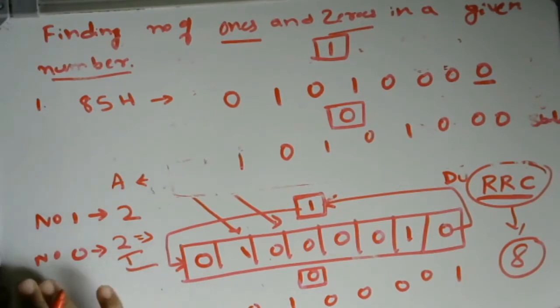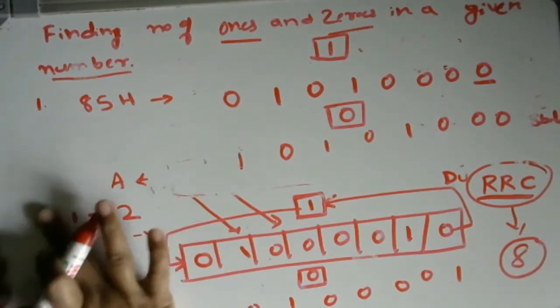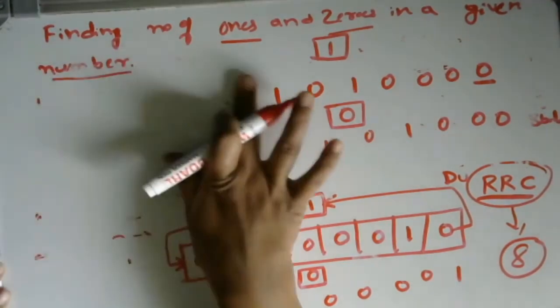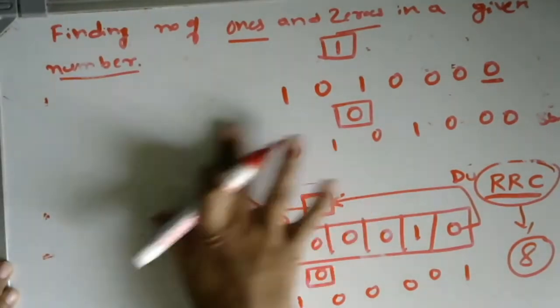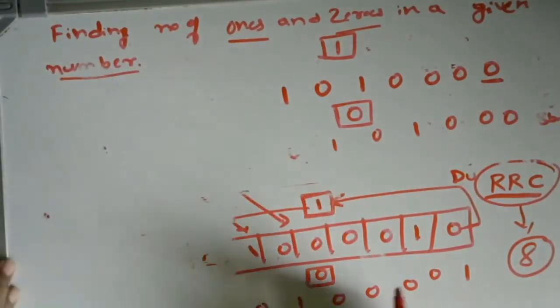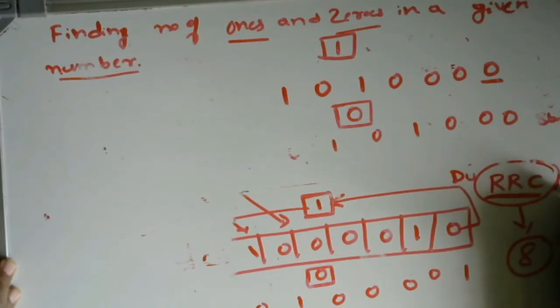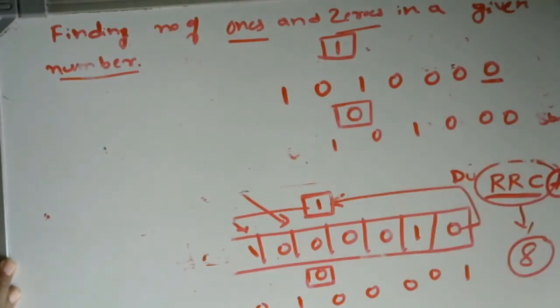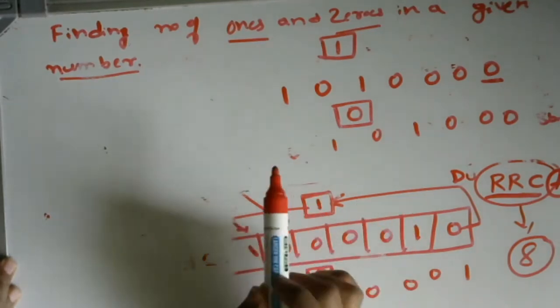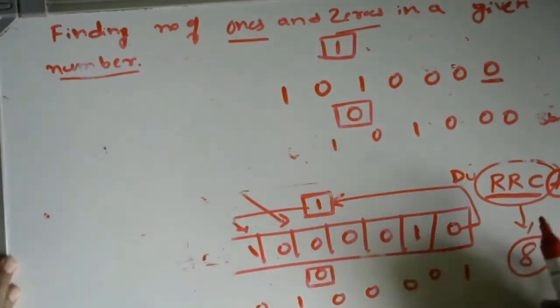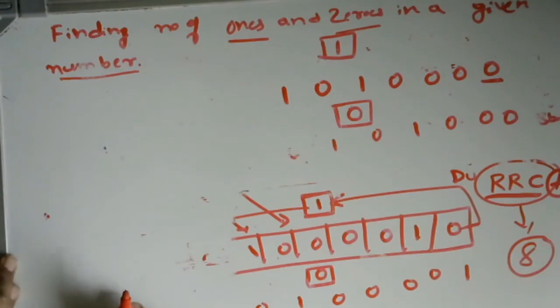Okay, so now we'll write the program. One thing we need to remember is that the RRC instruction is associated with only the accumulator. So whatever number we are going to examine for the number of ones and zeros should be copied into the accumulator itself.